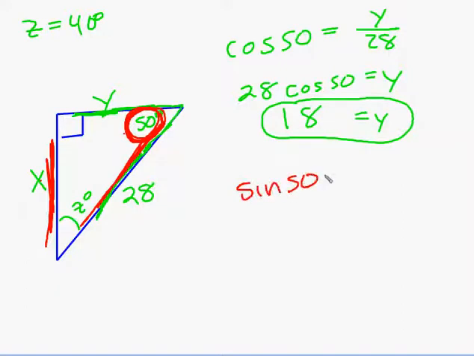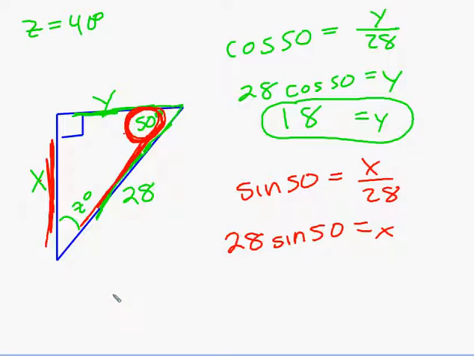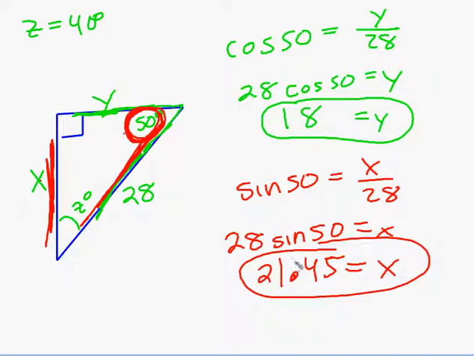Sine of 50 equals x over 28. Multiply both sides by 28. And hopefully at this point it is pretty familiar to you. I get 21.45. Again, we'll note, we round at the end, whatever the directions tell us.